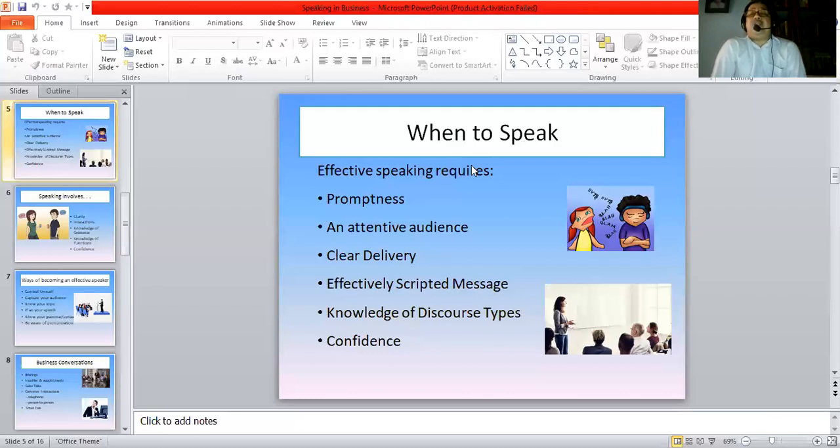And try and script your message effectively. If you are not sure about what you have to say, write it down. Jot down certain points so that you have certain helps or you are bolstered by some help before you actually speak.